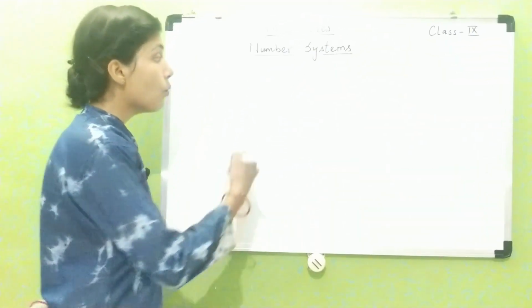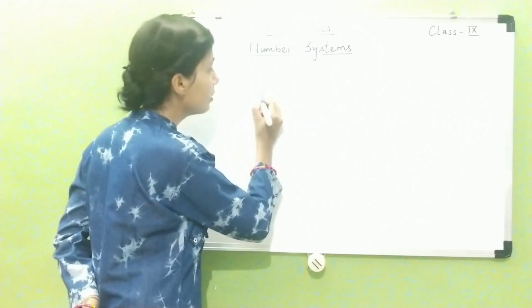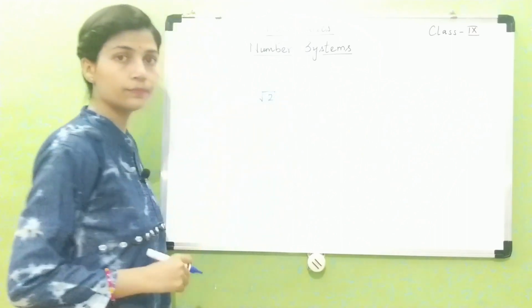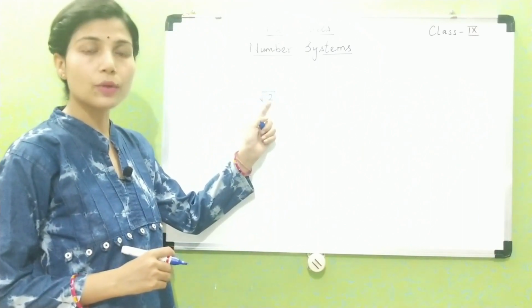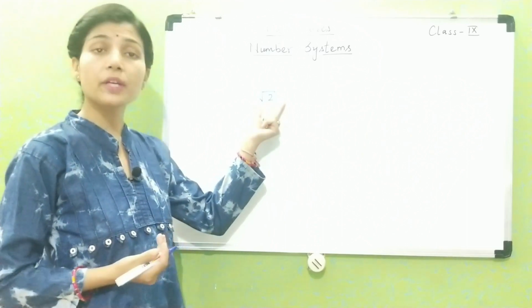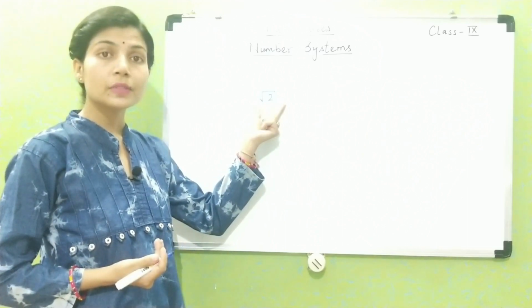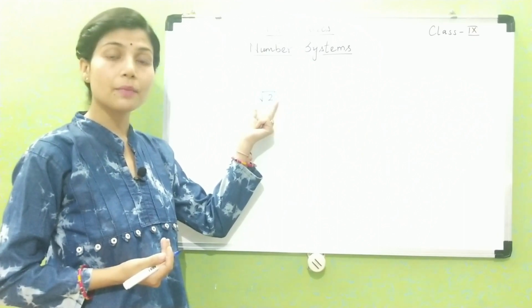Now what about those numbers which are not perfect squares, like root 2? Here, 2 under the root is not a perfect square number. Then in which category will these numbers be considered?